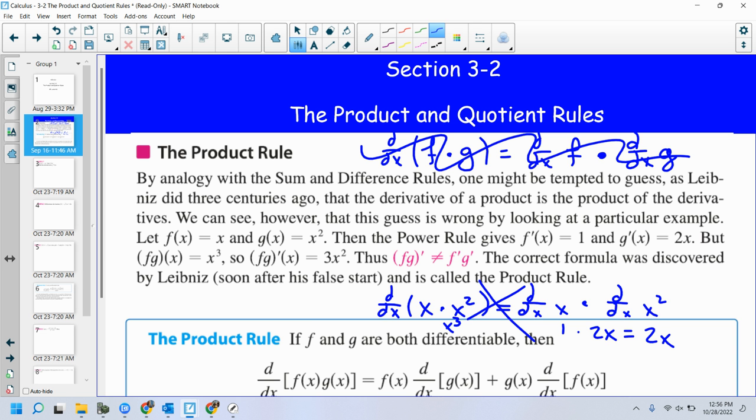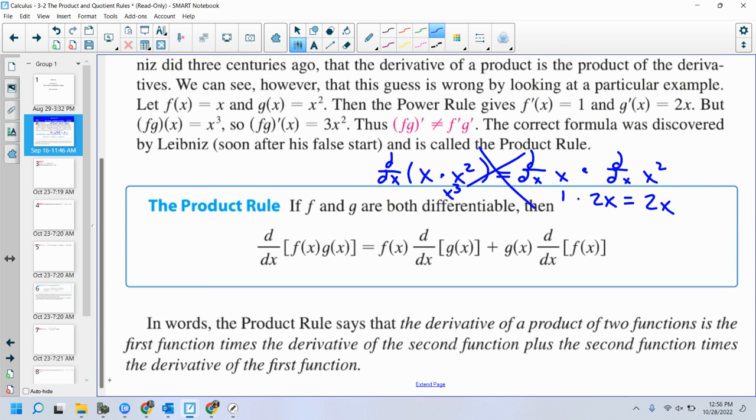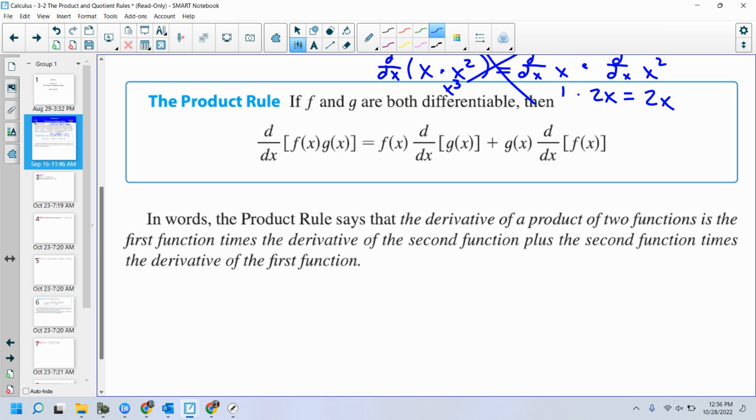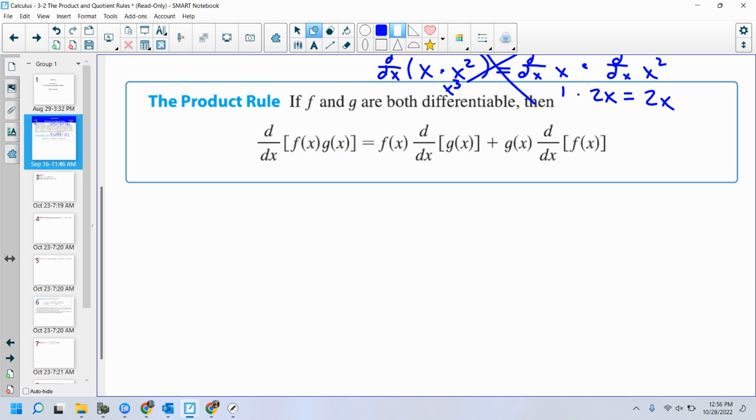So what is the rule for multiplication? And this is the rule for multiplication down here. I'm going to try to simplify it a little bit for you, but this is it in Leibniz notation. It's good to look at just to see it. d over dx of fg, f times g, is f of x times the derivative of g plus g of x times the derivative of f.